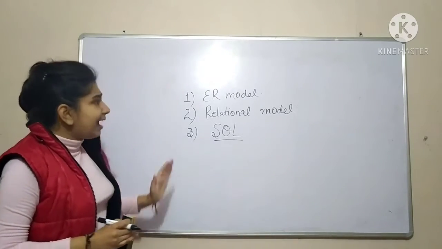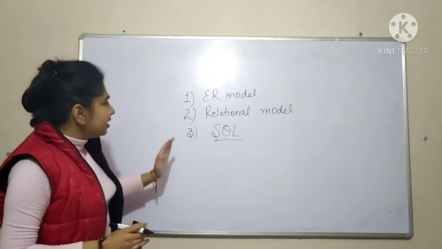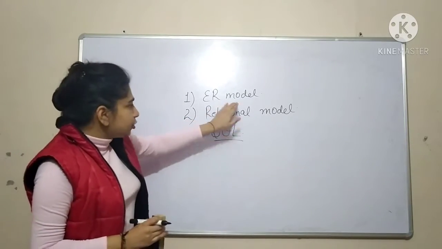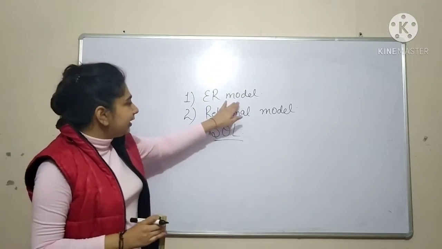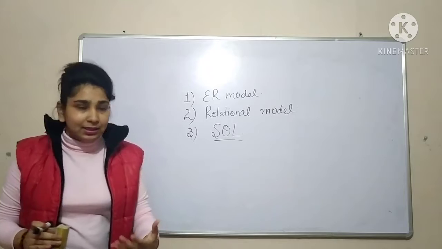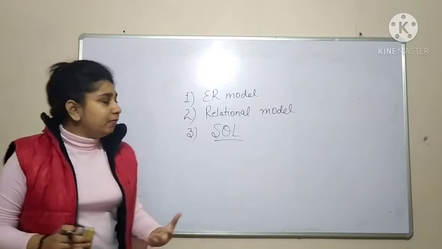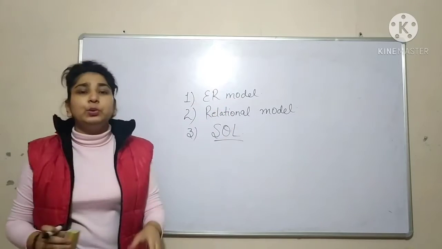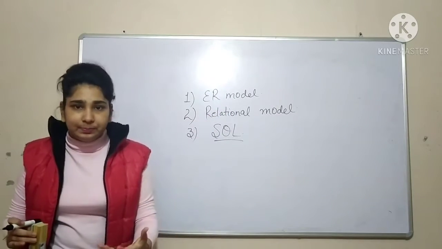Your entire database depends mainly on these three topics. Firstly, you should have complete knowledge of the ER model, how to make an ER model of your project. Second, how to convert your ER model into the relational model.